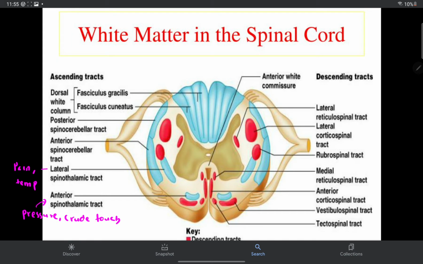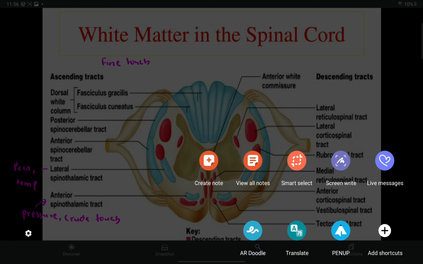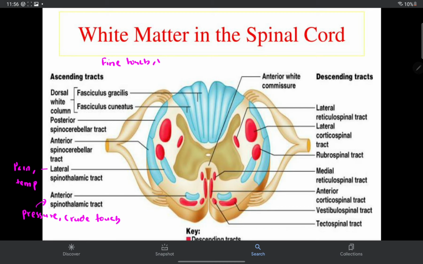Very advanced sensations such as the fine touch, then the vibrations, then 2-point discrimination, then conscious proprioception, that is the joint position sense, stereognosis.